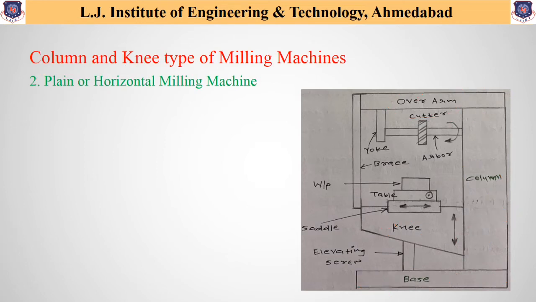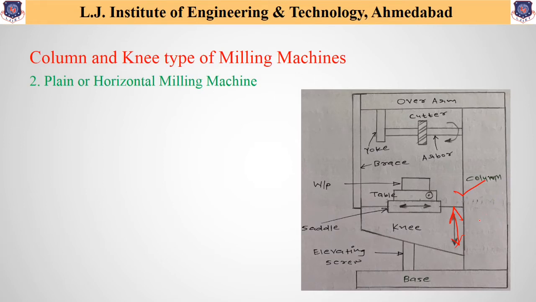Now we will discuss the third part, that is the knee. The knee is a rigid casting which is capable of sliding up and down, which is shown over here. It is capable of sliding up and down along the guideways provided on the front face of the column, which we have discussed in the column section also.